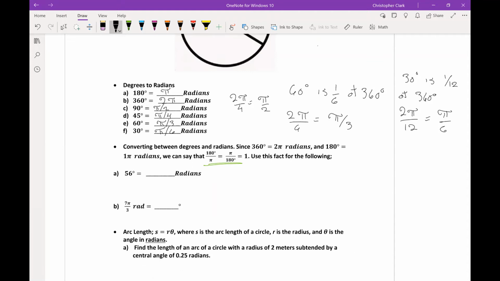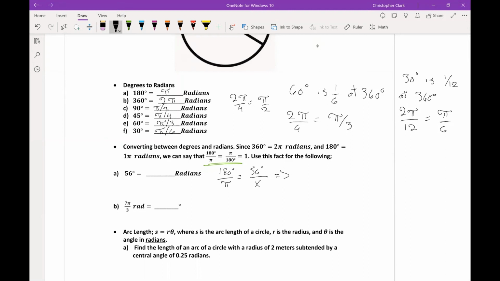But in this case, we're going to have to use these ratios. So we'll say 180 degrees over pi is equal to 1. This means that 56 degrees divided by some radian measurement also has to be equal to 1. So that's how we're going to set up our ratio.